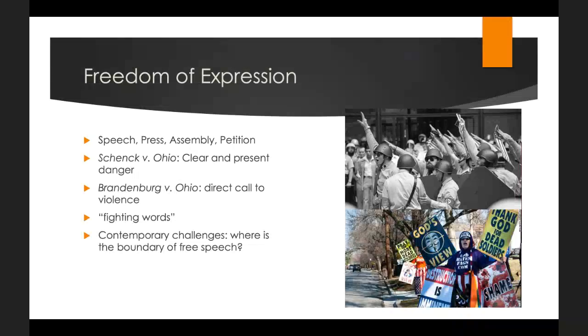More recently, there's been the question about the Westboro Baptist Church protesting the funerals of fallen soldiers and other high-profile funerals, including the victims of atrocities and gun violence, basically arguing that these are God's punishment for the United States' toleration of homosexuality and other sinful behavior.